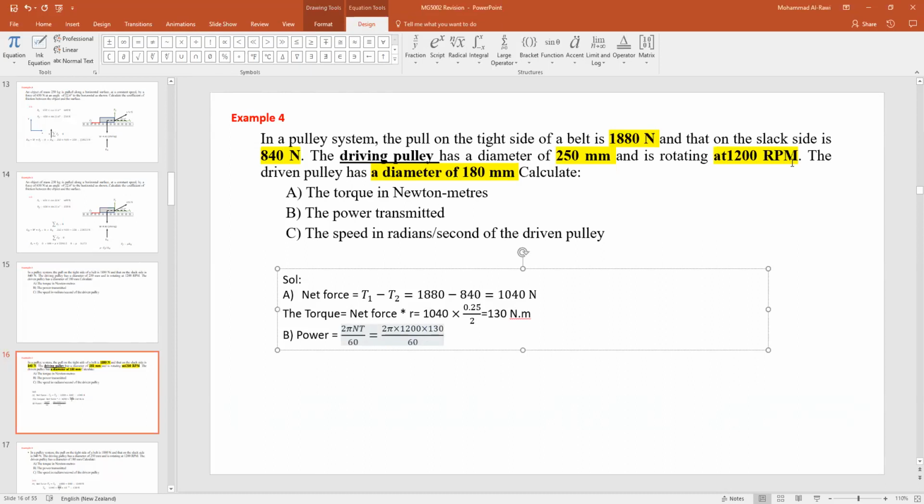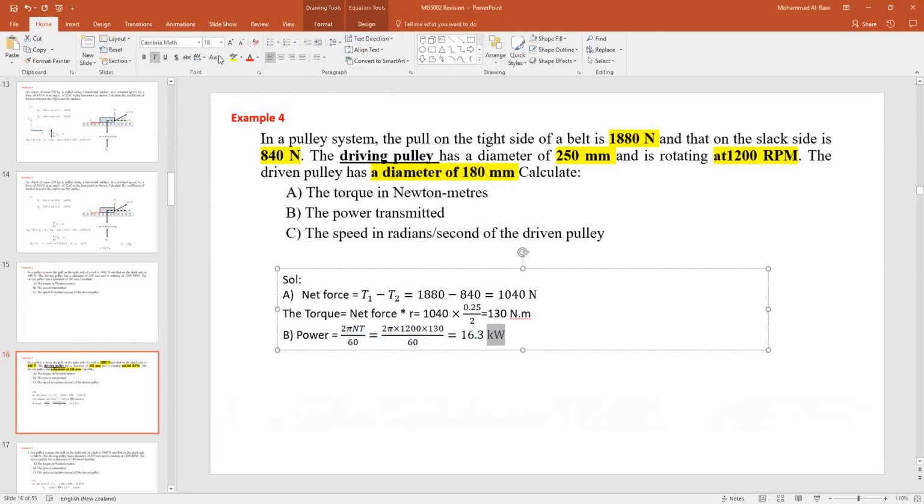This will give you the power, because we're trying to find the power transmitted. The power is always transmitted from the driving pulley to the driven one. And that will give you, if you try your calculator, 16.3 kilowatts.